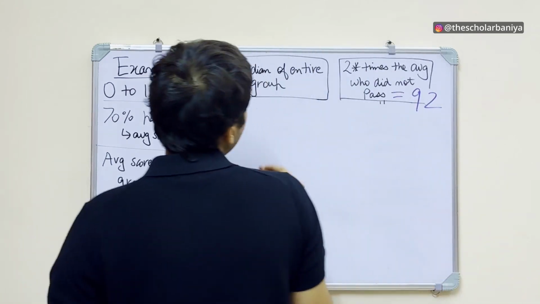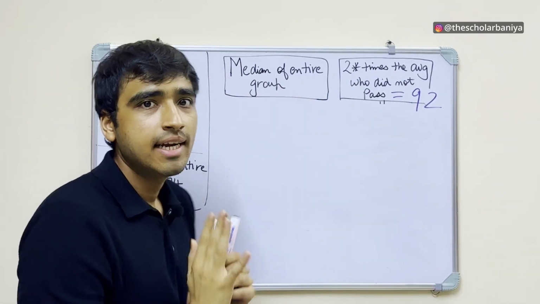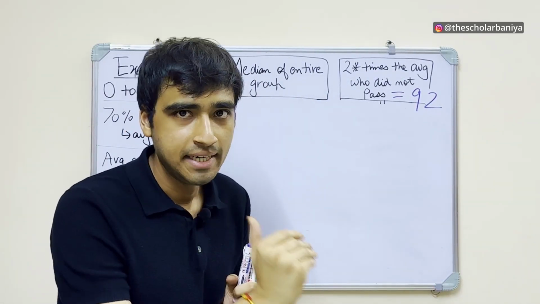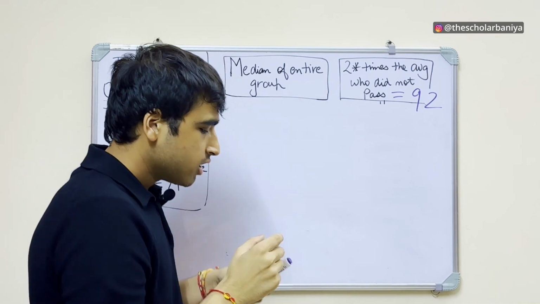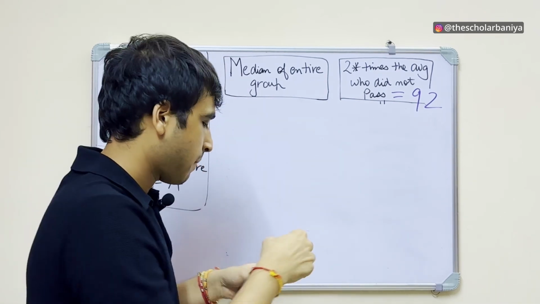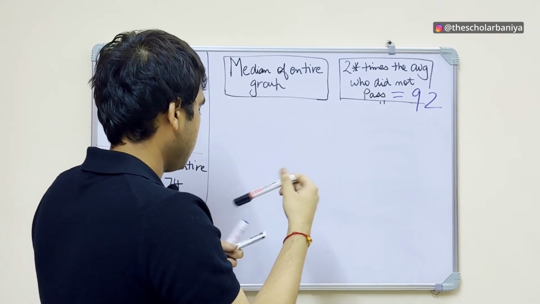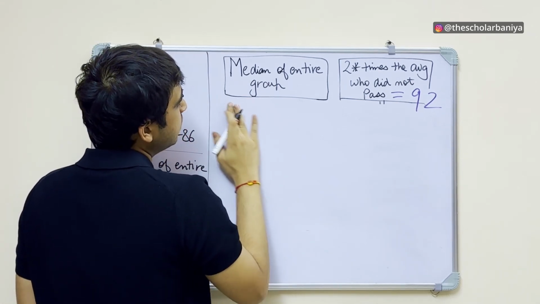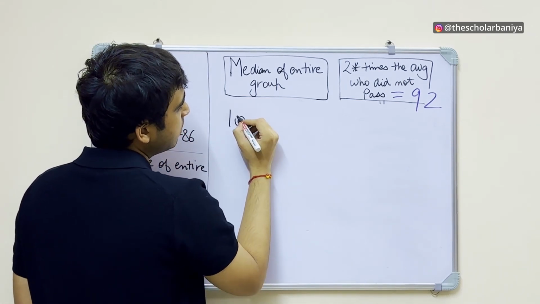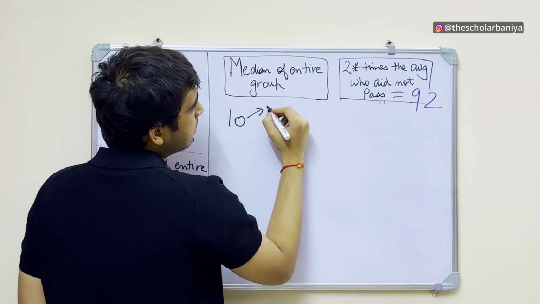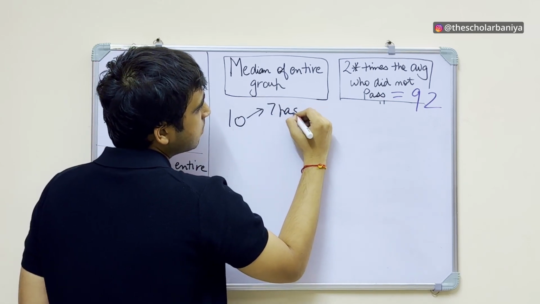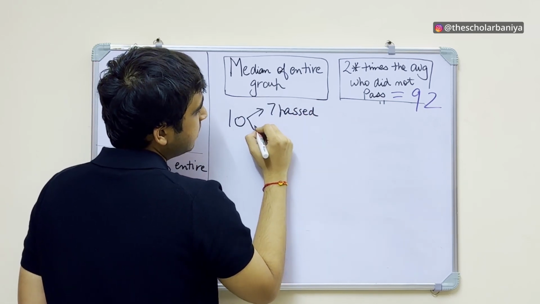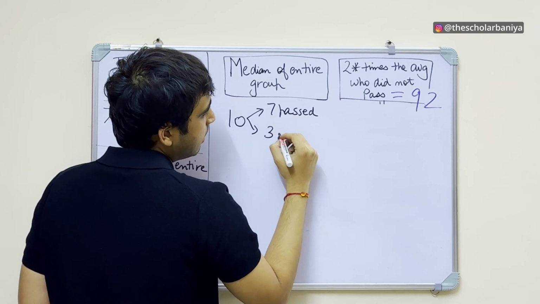Now we have to find the median of the entire group. So till now we have got two things. There are 10 students, out of which 7 passed and 3 did not pass.